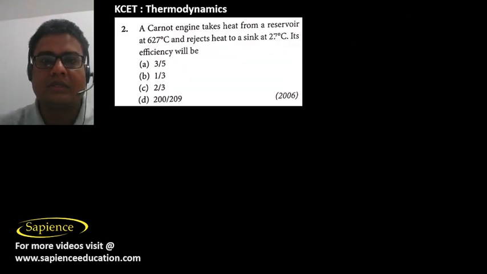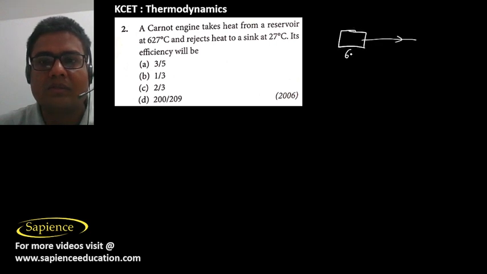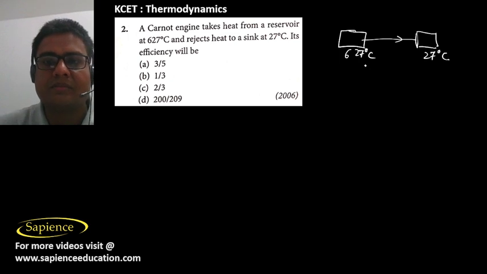Then it is told that a Carnot's engine takes heat from a reservoir which is at 627 degrees Celsius and rejects it to a sink which is at 27 degrees Celsius. Its efficiency will be.